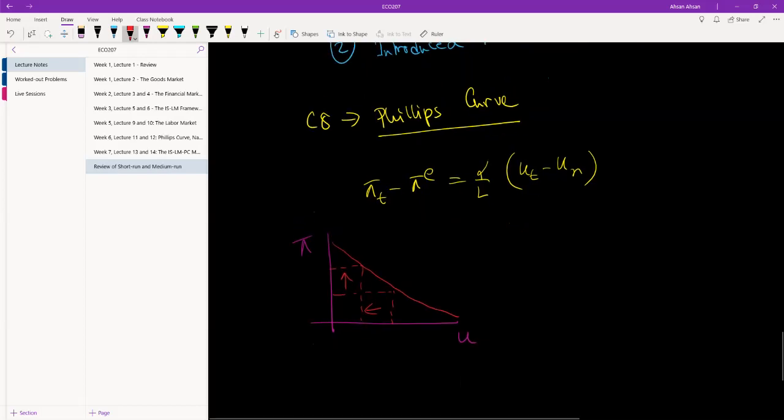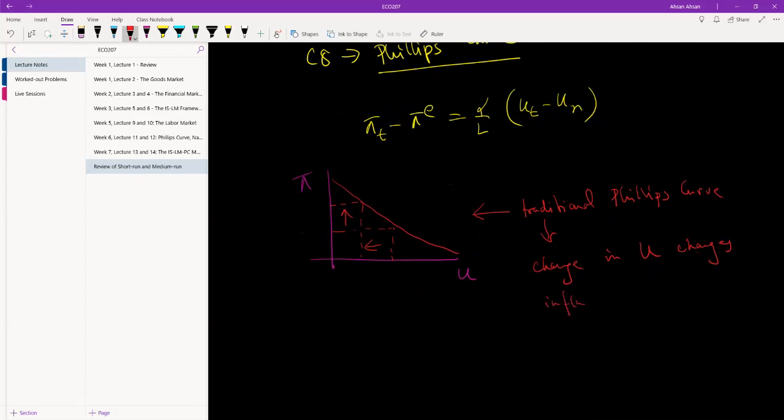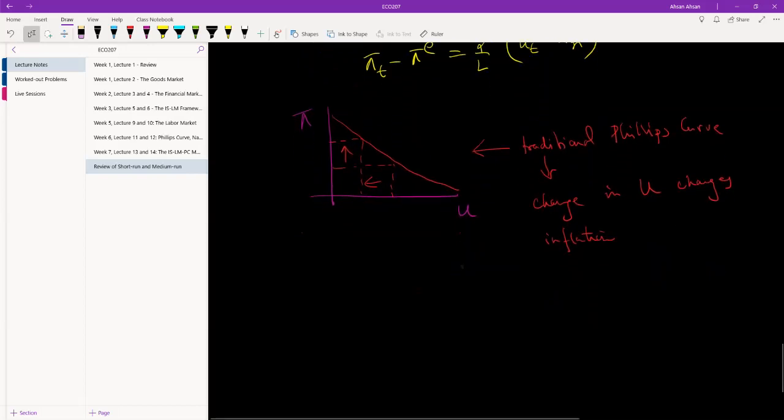So what economists used to think was that this is the traditional Phillips curve, where change in unemployment changes inflation in the economy. But what happened, this was fine until in the 1940s, 50s, and 60s, and so on. But in the 1970s, this relationship broke down. And what emerged was that the relationship looked more like this.